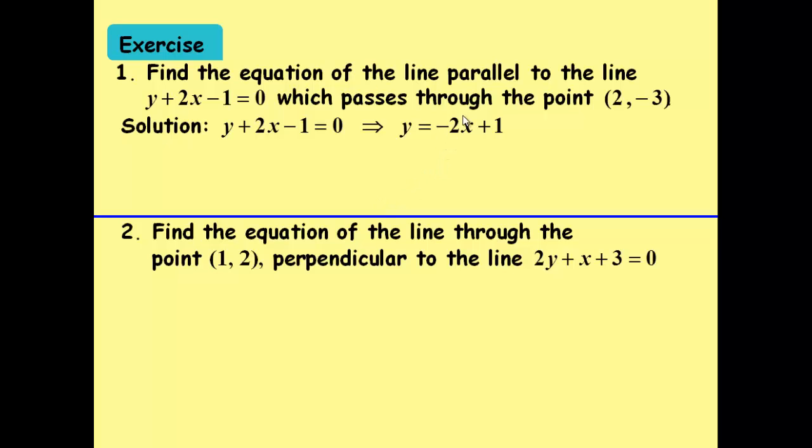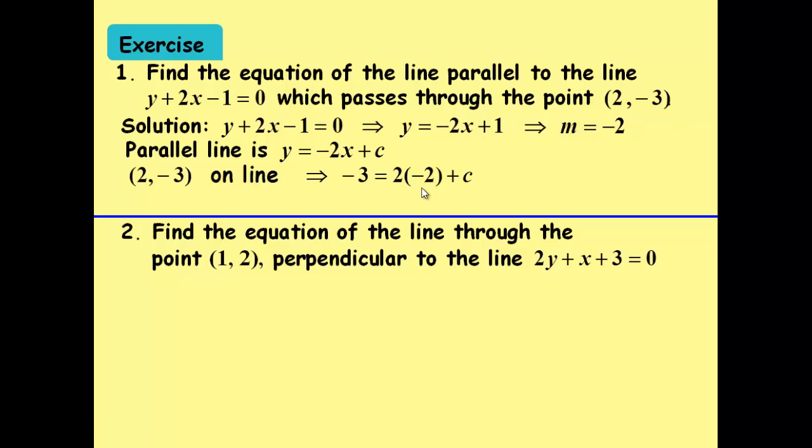We now know that the gradient is -2, and as it's a parallel line we're looking at, we know that has a gradient of -2 as well. We now use the x and the y value from our coordinates of the point that the line passes through to find c. We get c as 1, and then we rewrite the equation like so.